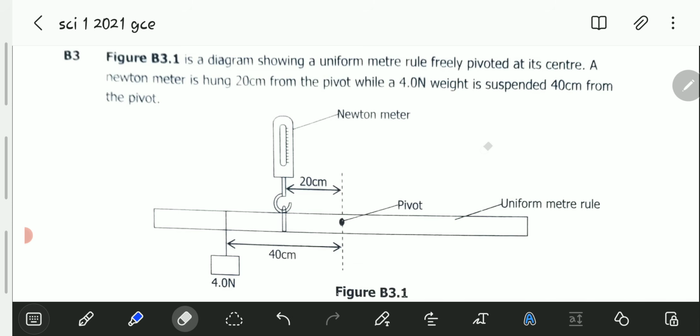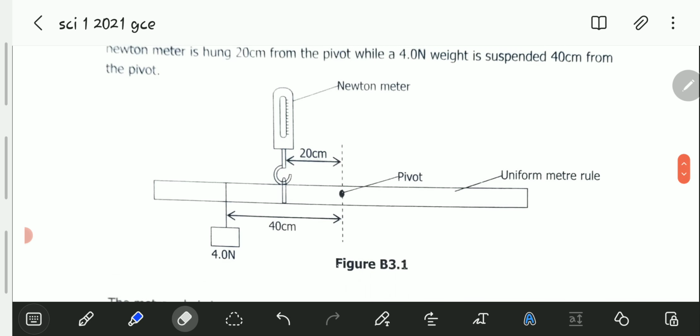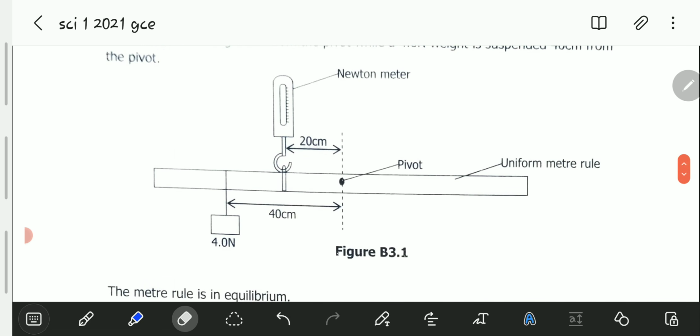A Newton meter is hung 20 centimeters from the pivot while a 4.0 Newton weight is suspended 40 centimeters from the pivot. So we have our figure there.